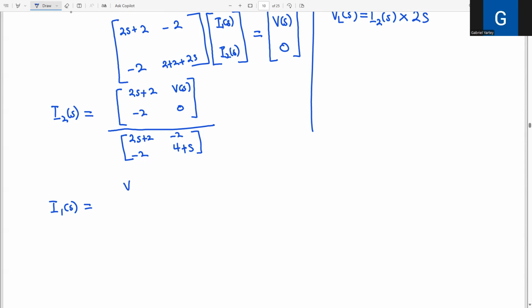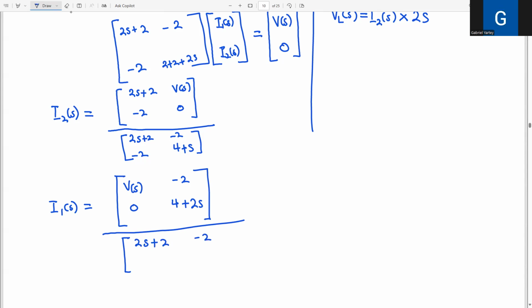I get V of S, 0, minus 2, 4 plus 2S, all over, then the denominator always remains the same: 2S plus 2, minus 2, minus 2, 4 plus S, right? But we are looking for I2, and I have to find the determinant of all of them. Okay.